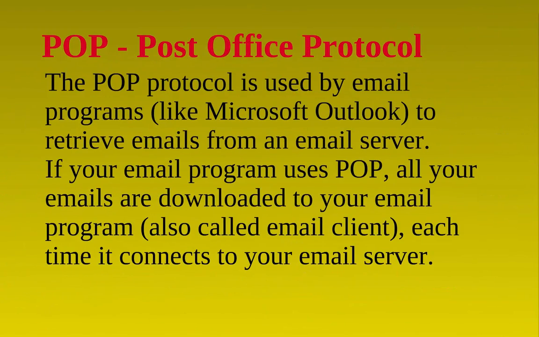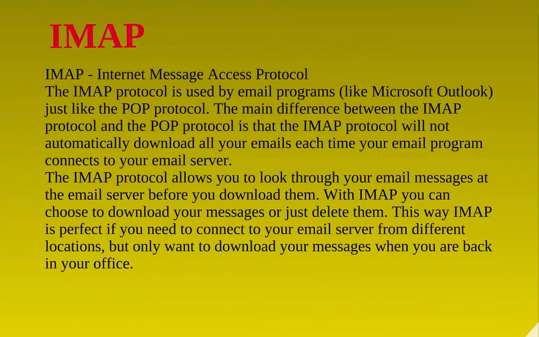The POP protocol, Post Office Protocol, is very commonly used to download your mail from a mail server. And the other one is called IMAP, Internet Message Access Protocol. The main difference between the IMAP protocol and the POP protocol is that the IMAP protocol doesn't necessarily download your emails onto the device that you're reading the email from.